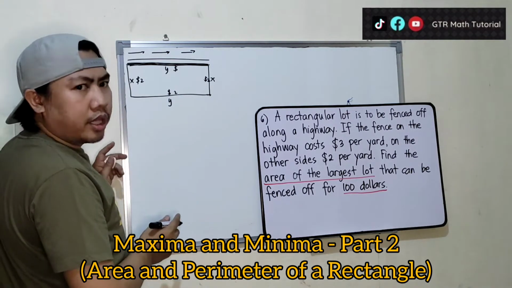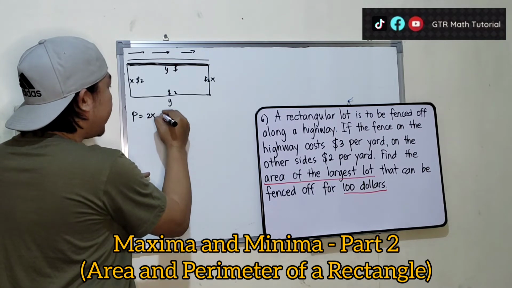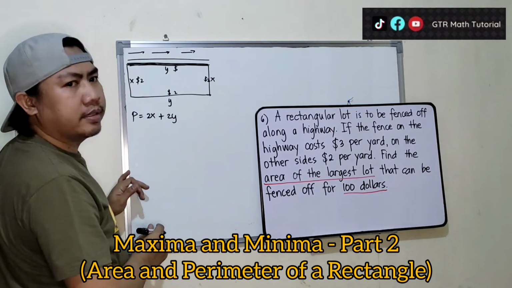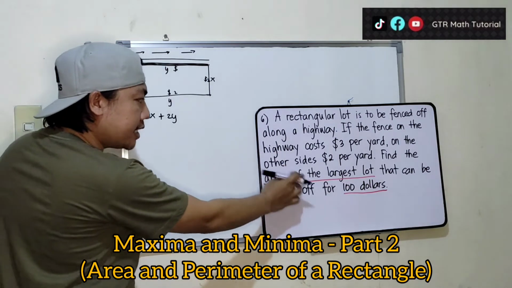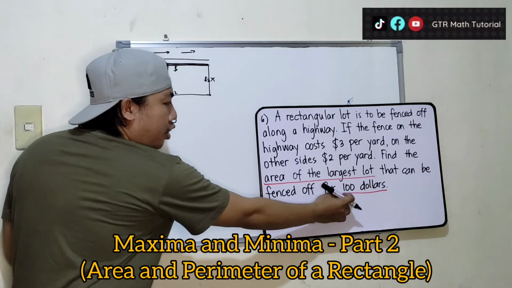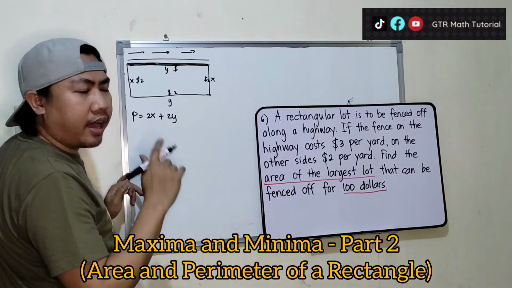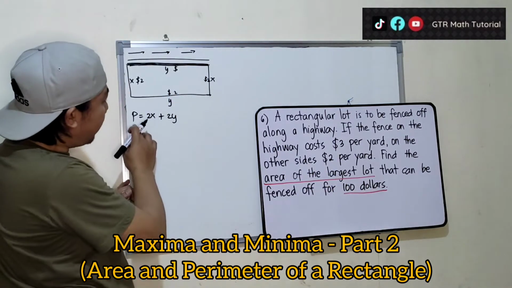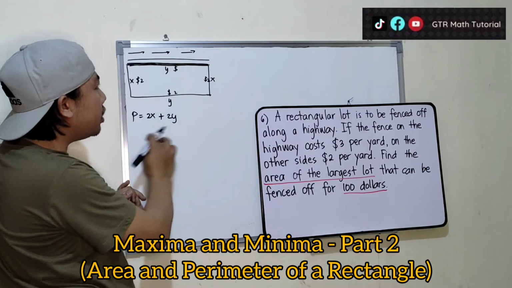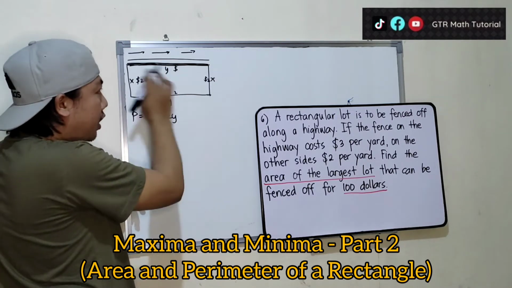The formula for the perimeter of a rectangle is 2x plus 2y, but we have a given cost of $100. So how can we maximize the area given the budget is only $100? From this formula, we multiply each side by its cost.